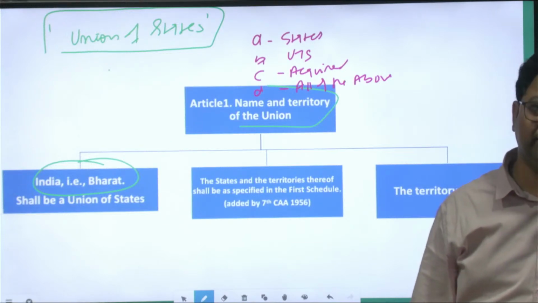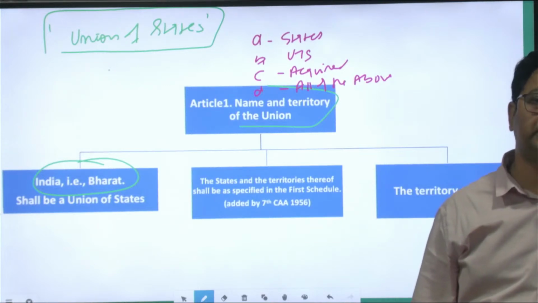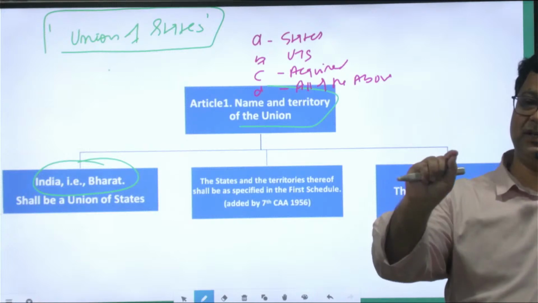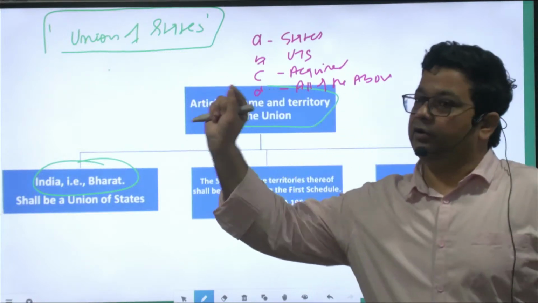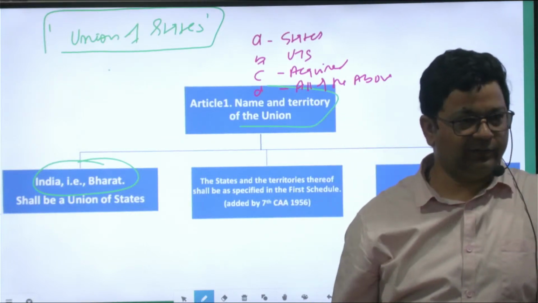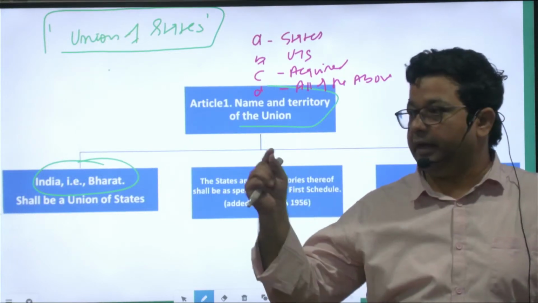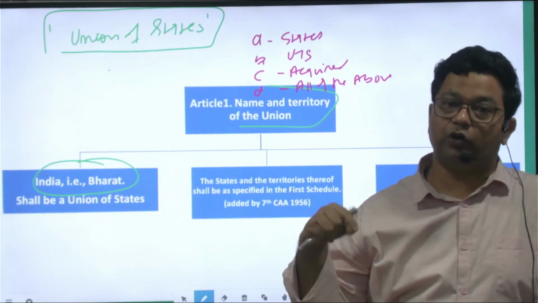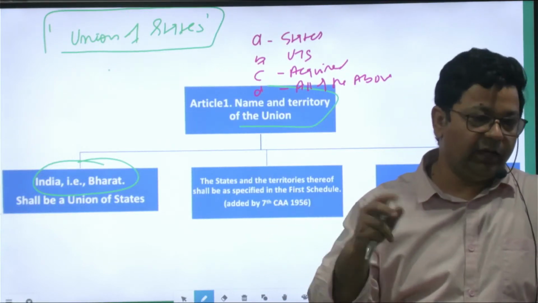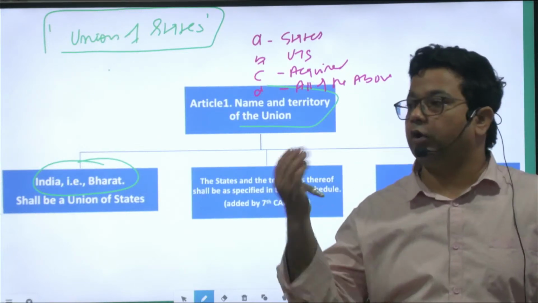Did you get the question? No. How many of you are not in a position to understand the question? Yes. You are not understanding even this. I want to ask: I have written on the board Union of States. When we talk about the Union of States, which of the options A, B, C, D is included under it? Either A, or B, or C, or A and B, A and C, B and C, or all of the above?